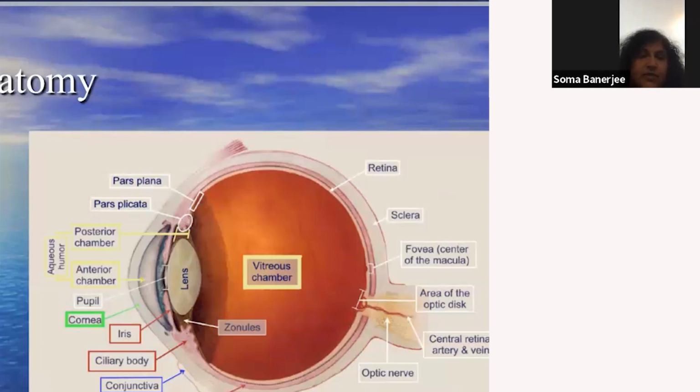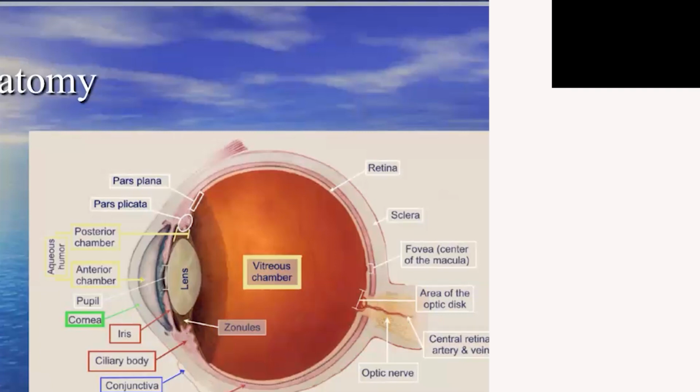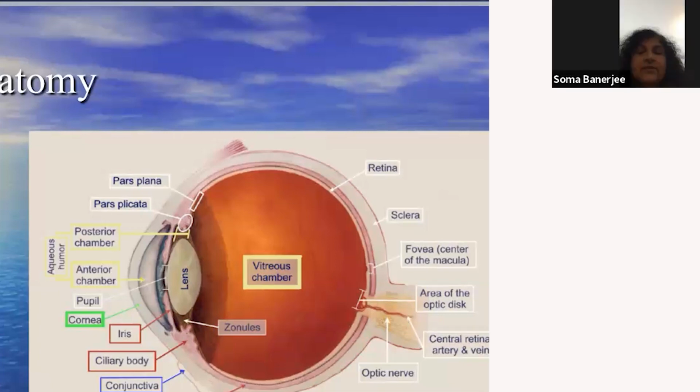Between the cornea and the iris, there is the anterior chamber. The anterior chamber is where we see cells and flare when we are looking for anterior uveitis.